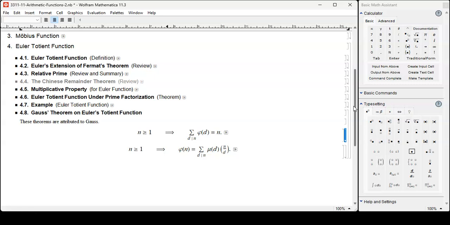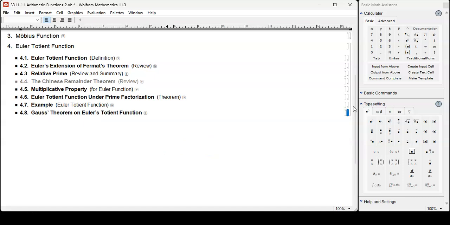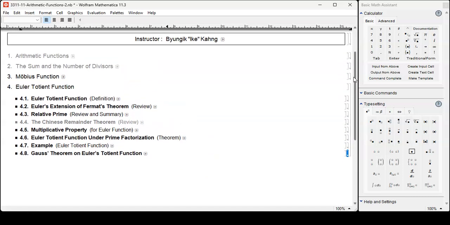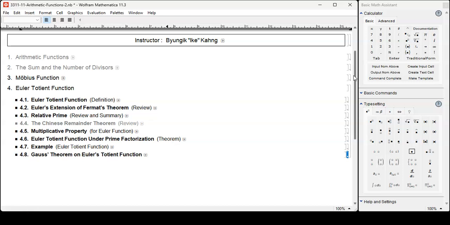And that's why this kind of thing is associated with a person, out of respect for the person who discovered and proved it. It's called Gauss's theorem. But there are so many Gauss theorems out there because Gauss did a lot of things in all fields of mathematics. So you have to call it Gauss's theorem on Euler's totient function.